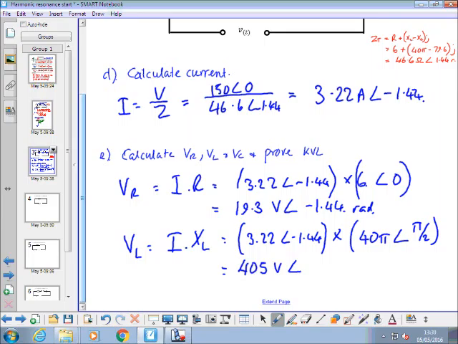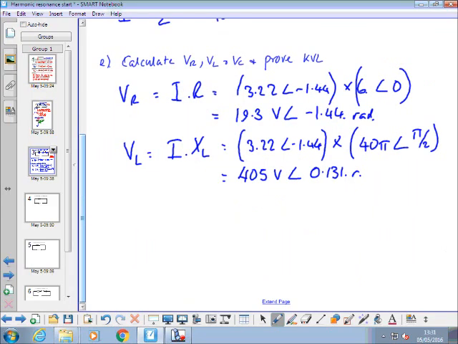The angle is 0.131. So you've got 405 volts across our inductor.